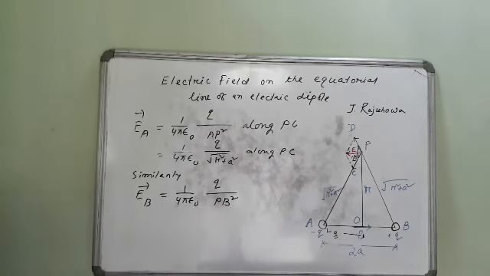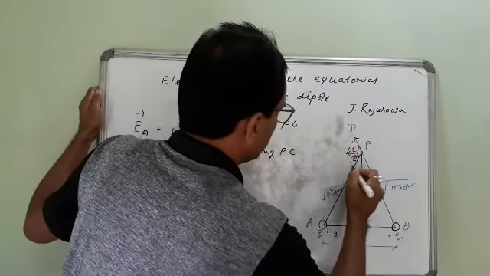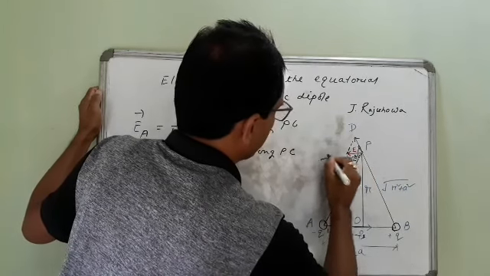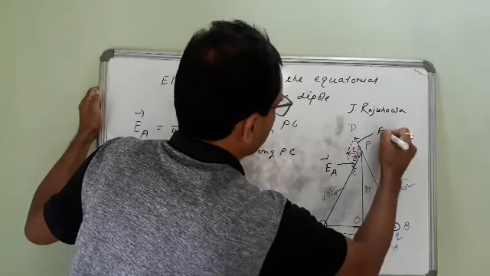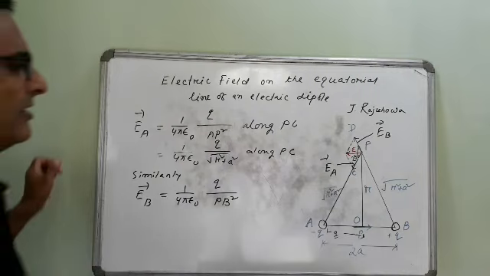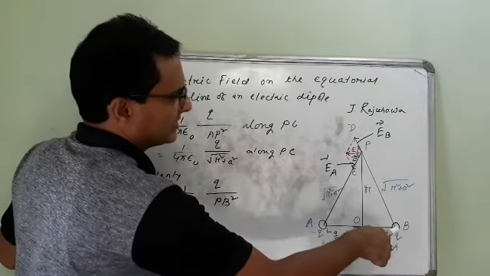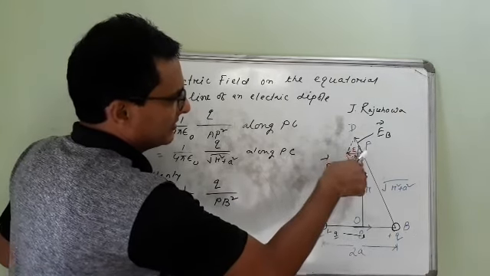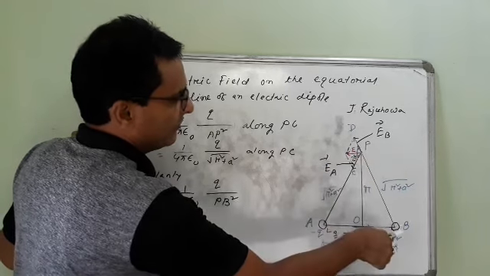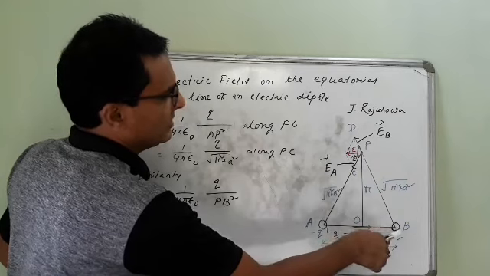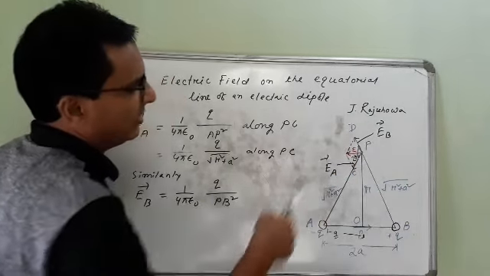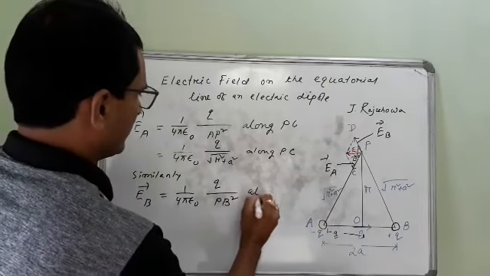Now what is the direction of EB? This is the vector EA, and this vector is EB. Since this is a positive charge, the unit positive charge at point P will be repelled by this charge, so it will move away from the charge in this direction. So its direction is along PB.